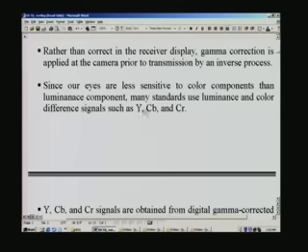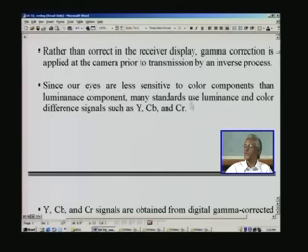Y is known as the luminance portion, and CB and CR are known as the color portion, and do not correlate this to RGB straight away. Suppose you take CB and say I want a color picture, you may get some outline of the picture but not the true color, right. Also with Y you will not get the monochrome picture.